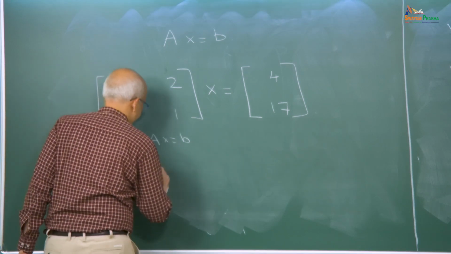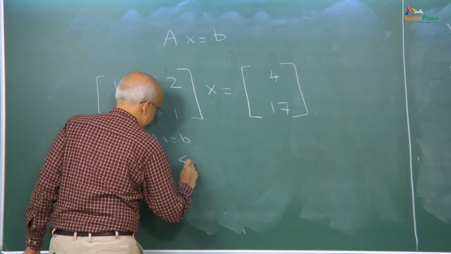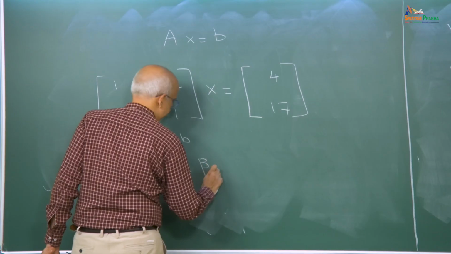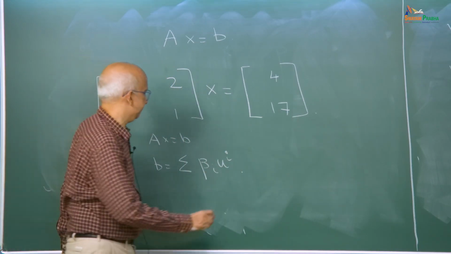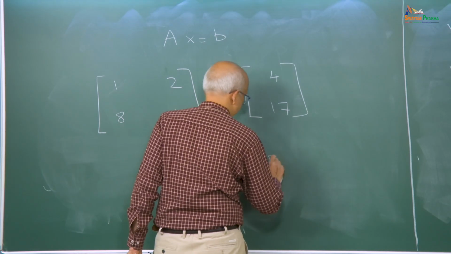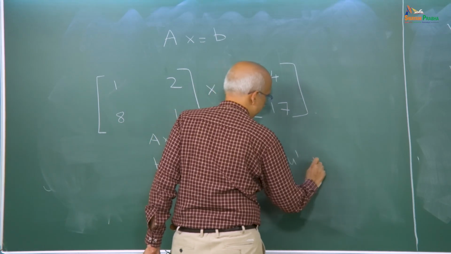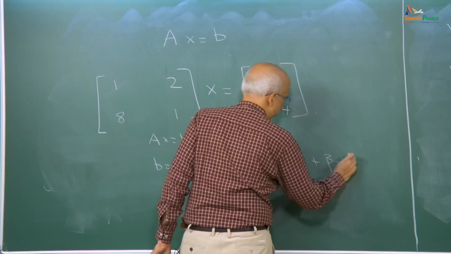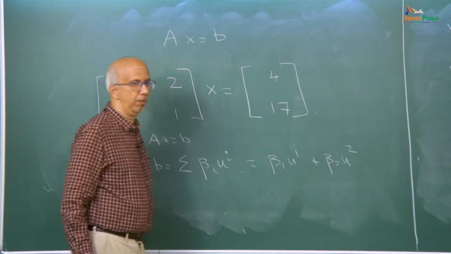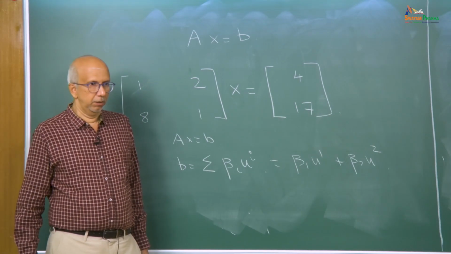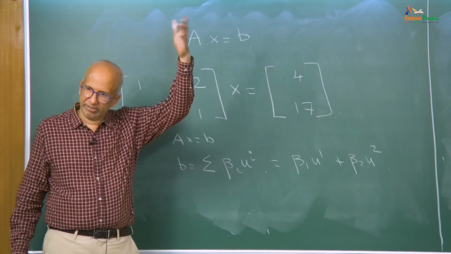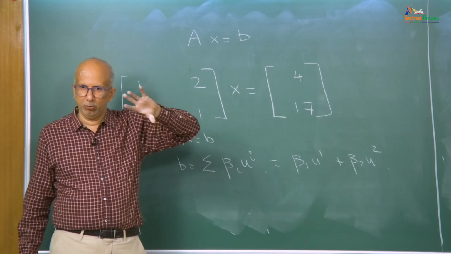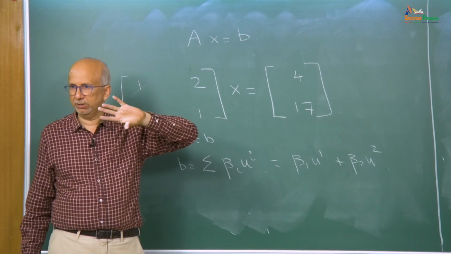I will write B as sigma beta i ui, which is beta 1 u1 plus beta 2 u2. Okay. Again, whatever I did last time, I am doing the same thing. Only thing is the calculation of beta i I will do in a slightly different way.